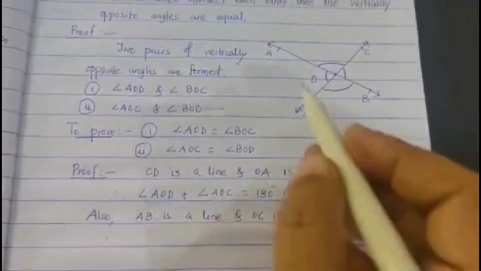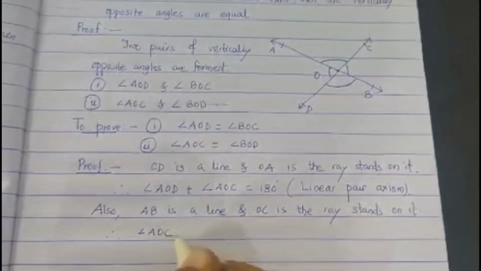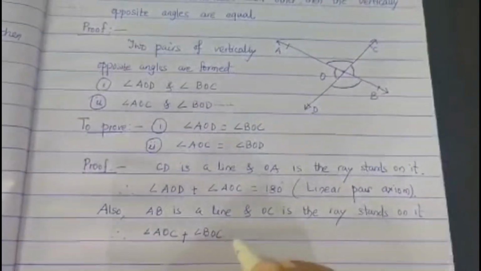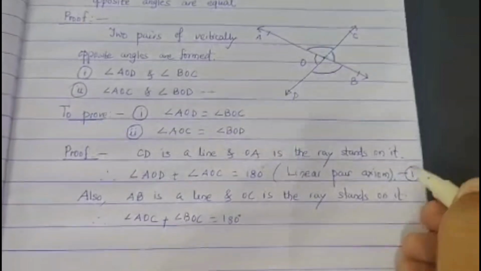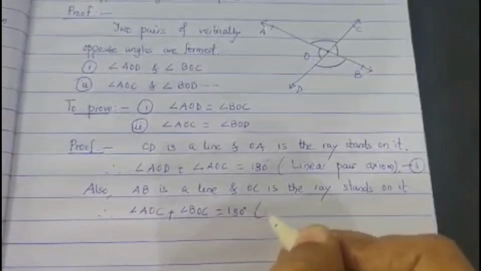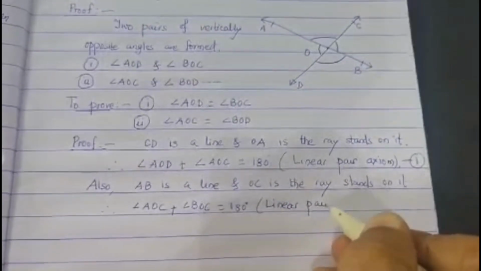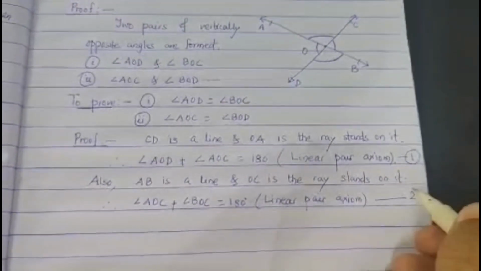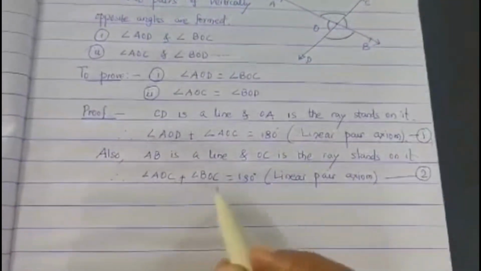Therefore we can write angle AOC plus angle BOC is equal to 180 degrees. Consider this equation 1. This is also the linear pair axiom. And let us consider this equation 2. So this is also equal to 180 degrees, this is also equal to 180 degrees.